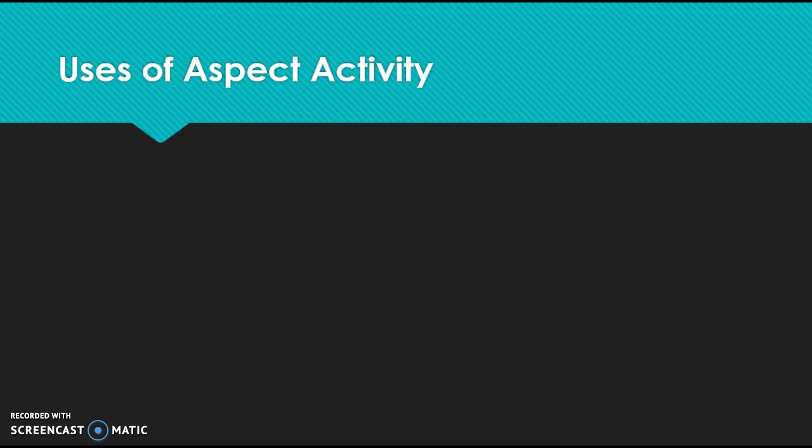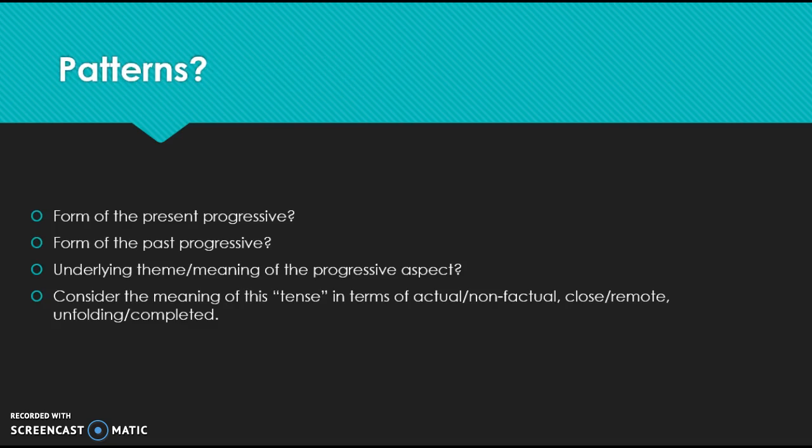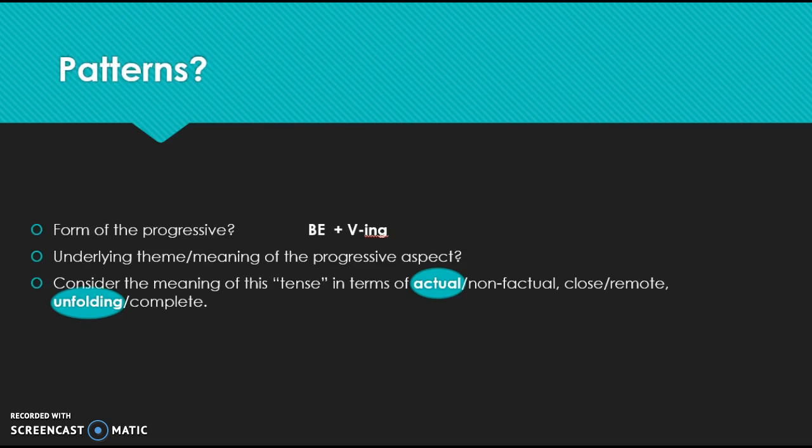Let's look at that pattern. So the pattern of the progressive is going to be a form of the be, and then the verb with that ing progressive suffix. What's the underlying theme or meaning? Well, these are actual things. If I say I'm taking the stairs, that's actual.